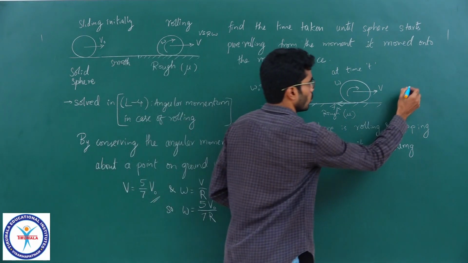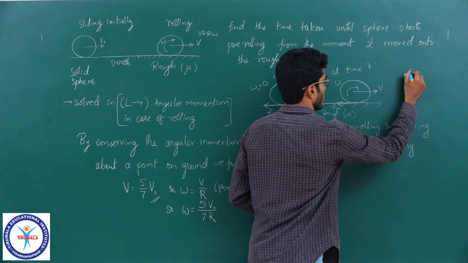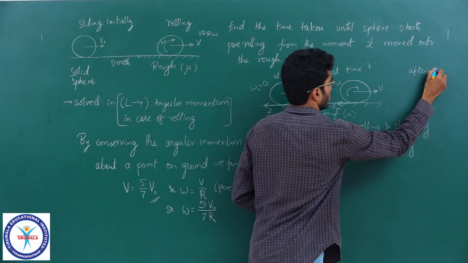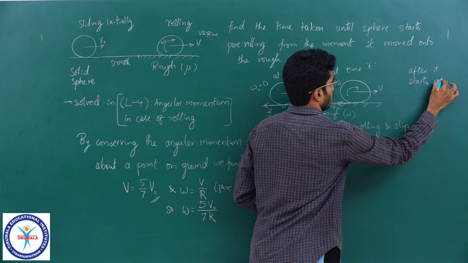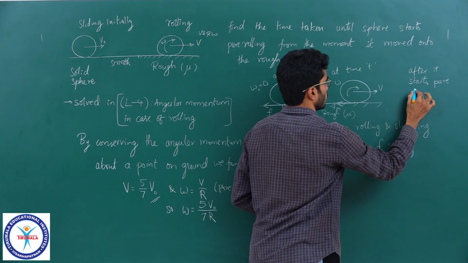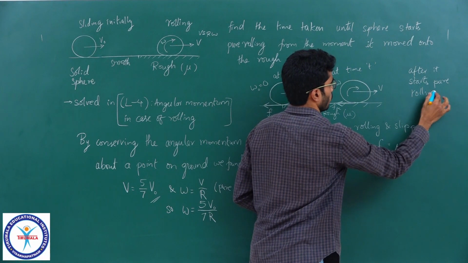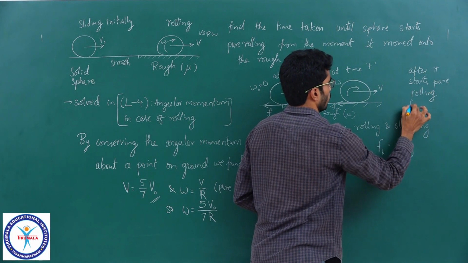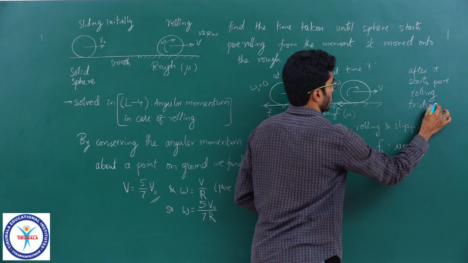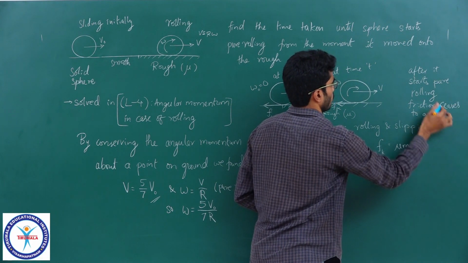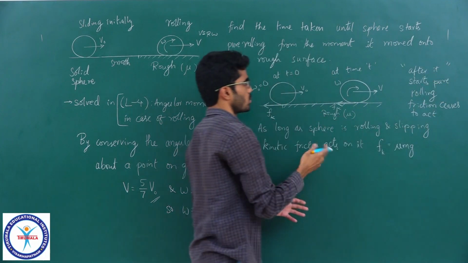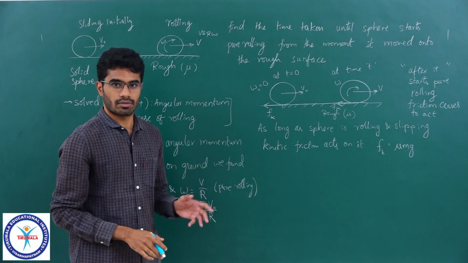You may take a note of that also. After it starts pure rolling, friction ceases to act. So it's only for a duration of time t that the friction acts on it.